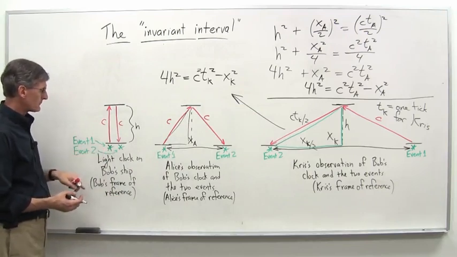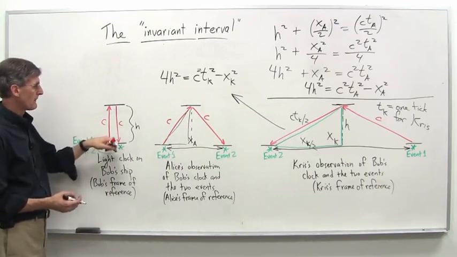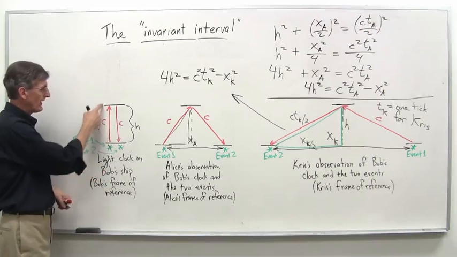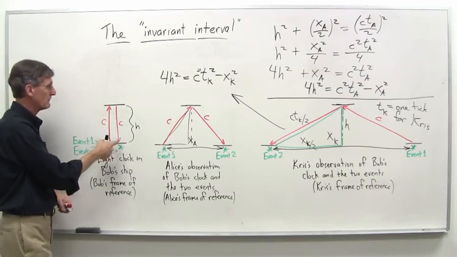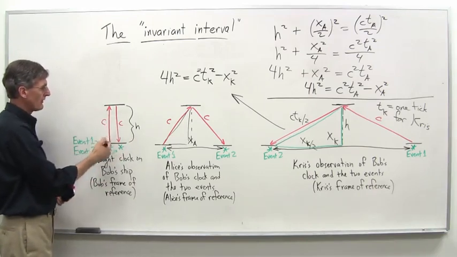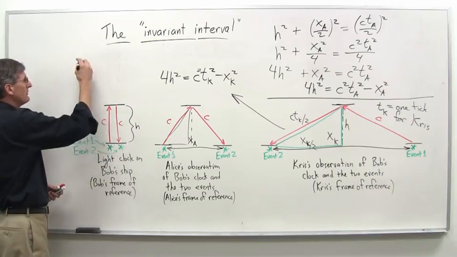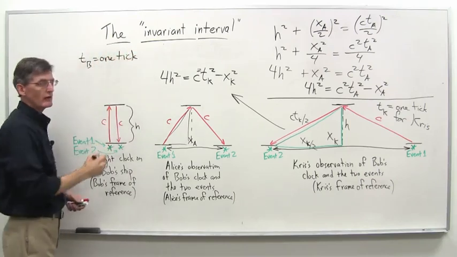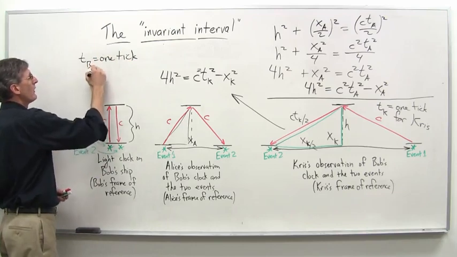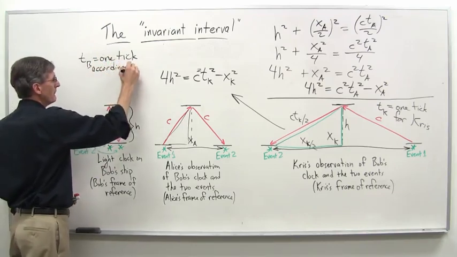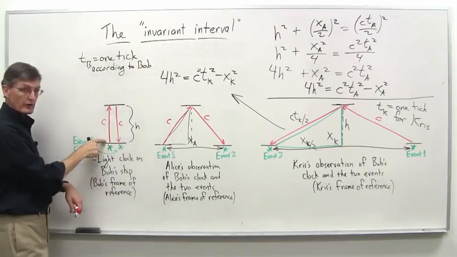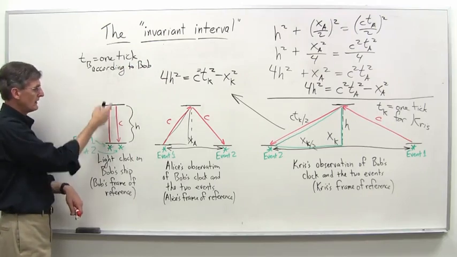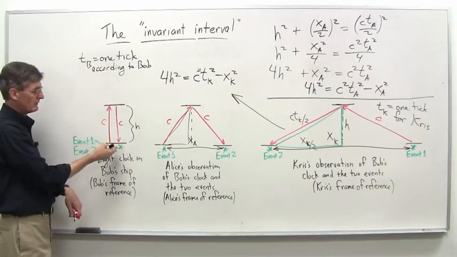For Bob, what would he have here? Well, he has the up trip and down trip. So it's h up and h down, right? So that's 2h. So we know that light travels, for him we'll say T sub b equals 1 tick on his clock according to Bob. The time to go up is therefore half of T sub b, so the distance is c times T sub b times half of that.